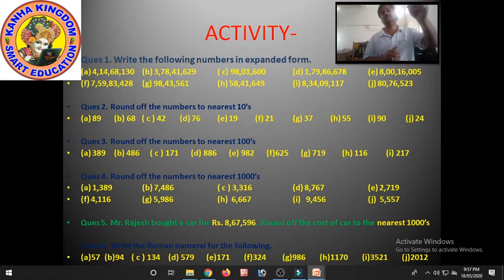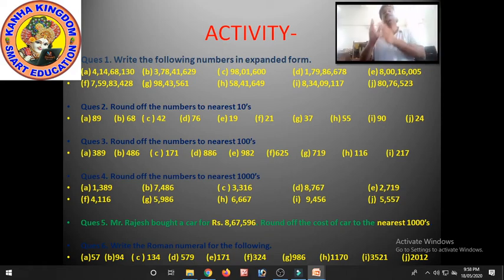Okay, now I will tell another one, same thing in A part. So question number 2, nearest 10, A part is 89. The ones digit is 9. 9 is greater than 5, means we have to change the tens digit.